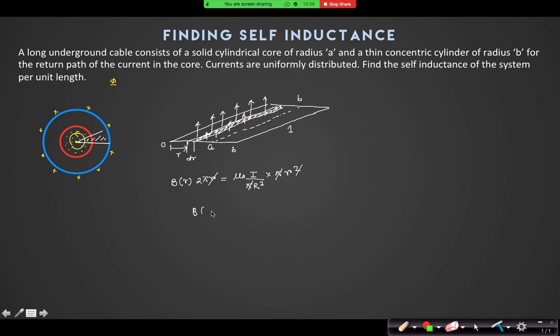So B_r for r less than a, 0 to a, B_r is equal to mu naught I into r by pi a square. The radius a is given.